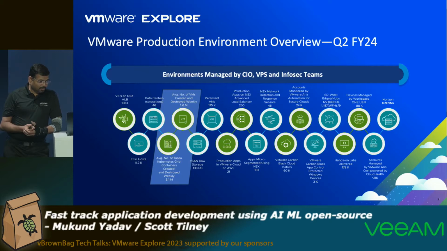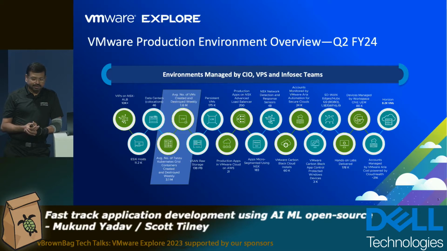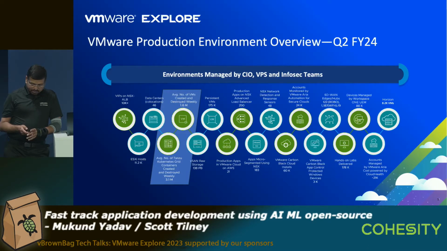You can see 1.5 million VMs, that includes the R&D workloads as well, and 3.1 million containers that we are creating and destroying on a weekly basis. This also includes the R&D. So this is the high-level scale of operation that we have. This includes the IT workloads as well.